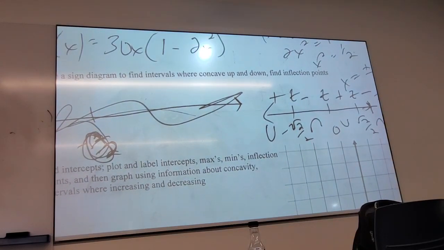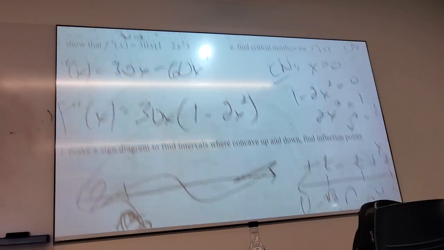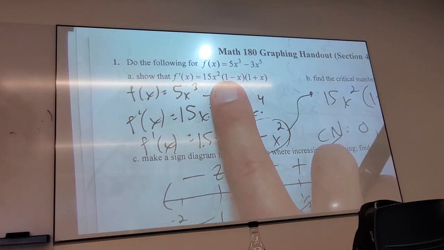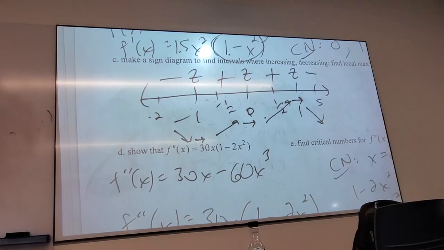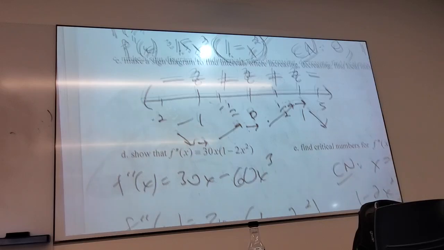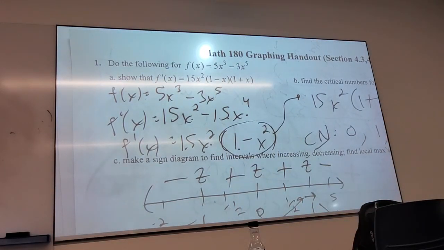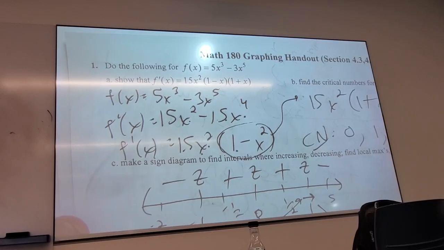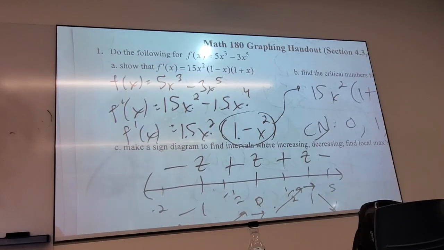Sorry, when you have a 0 as a critical number, how do you know if it's undefined or not? Oh, from the function itself. So the function and the derivatives were all polynomials. By definition, there's nowhere it's undefined. There's no radicals. There's nothing on the bottom, correct? If I had a radical, its derivative could have a 0 as undefined, right?